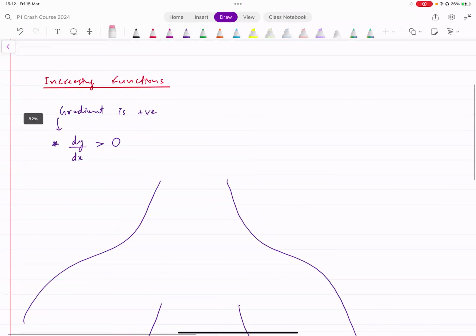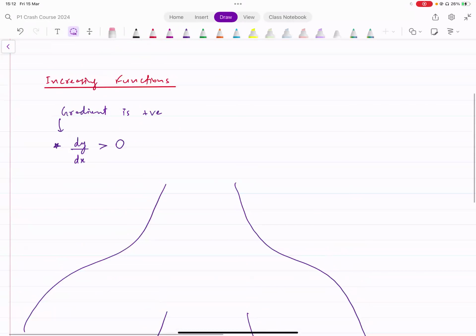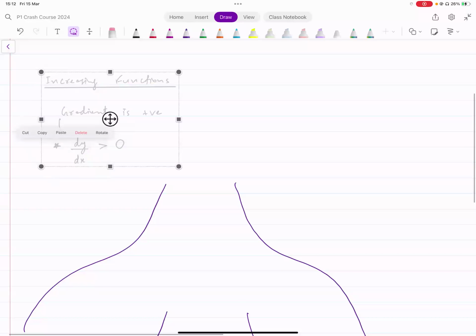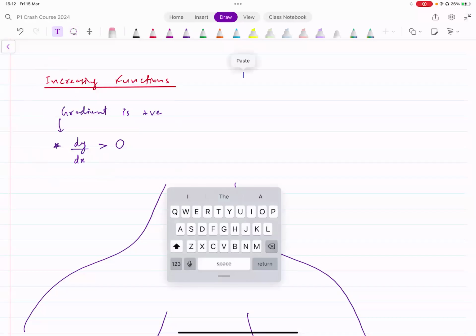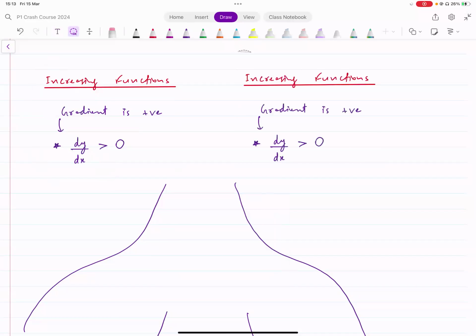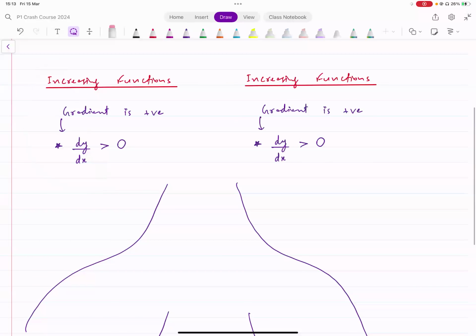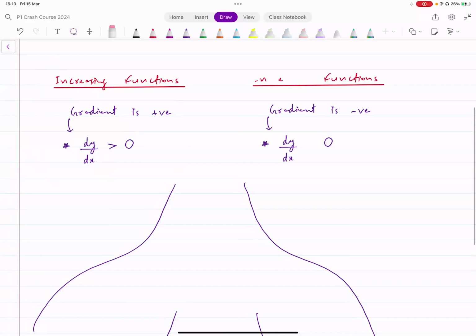On the other hand, if you have decreasing functions, what about those functions? Let's talk about this. In decreasing functions, the gradient is negative, which means dy over dx is going to be less than 0.